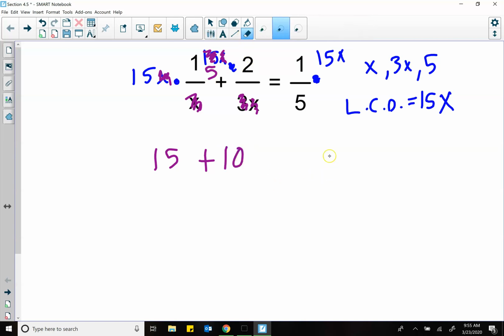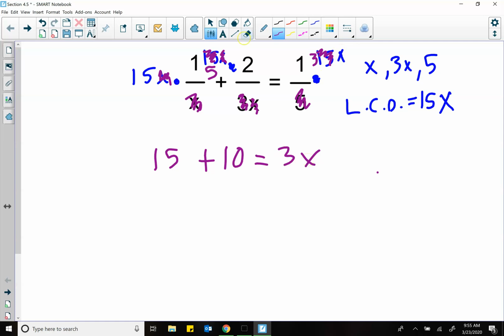Okay? Equals, and then what's going to happen between these two? Well, this 5 is going to cancel out because, again, we're clearing the fraction, and that's going to reduce some of the 15, and the 15 is going to become a 3. So we have 1 times 3x, which is 3x.